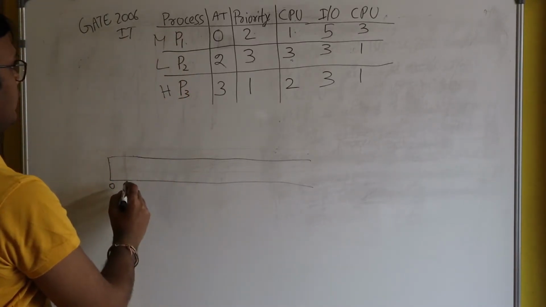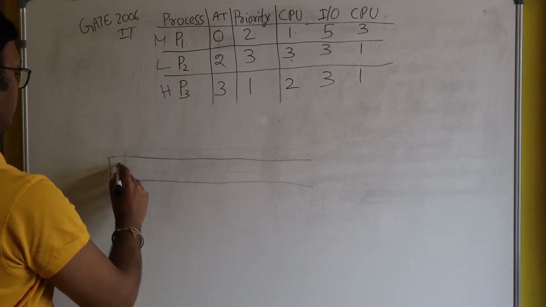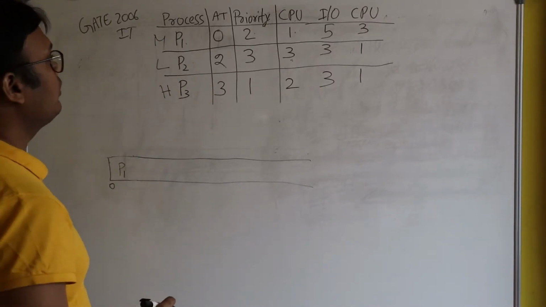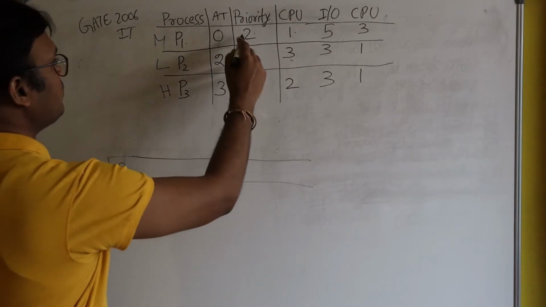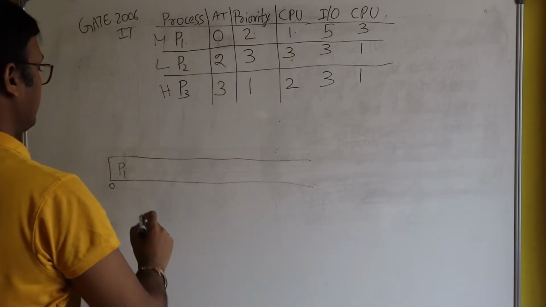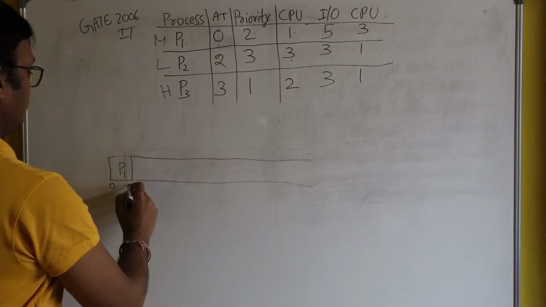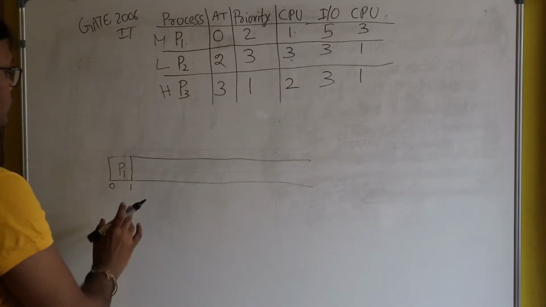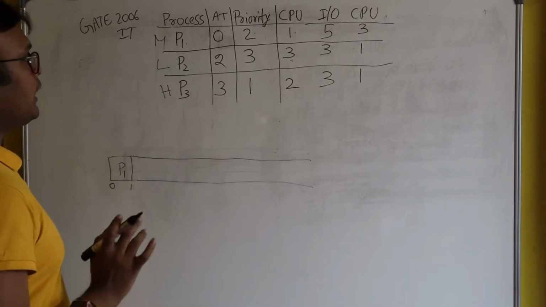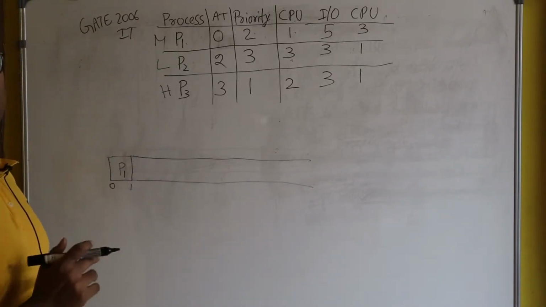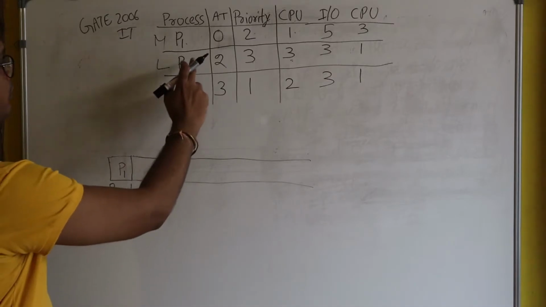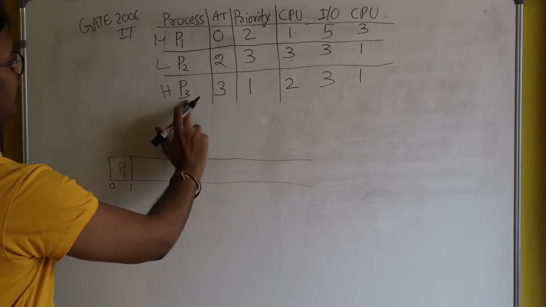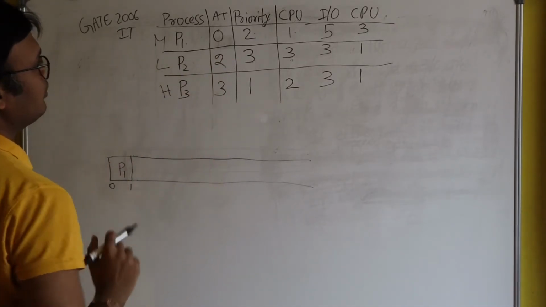So now at arrival time 0, process P1 came. Okay, and process P1 will execute for 1 second, 0 to 1. 0 to 1 is the CPU time for process P1, and you see till 0 to 1 except process P1 none of the processes have arrived, because you see P2 has arrived at 2 seconds and P3 has arrived at 3 seconds.